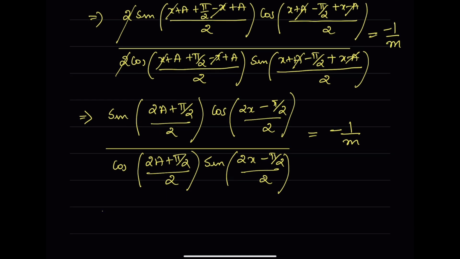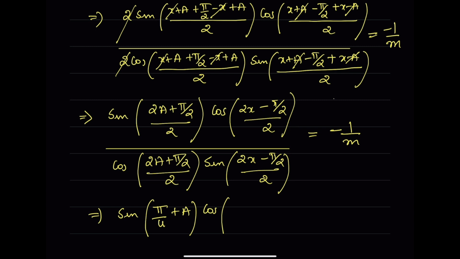Okay, now let's simplify it further. We would get sine of, when we solve for the common denominator here, pi by 4 plus a times cos of, okay, so this is unique here. Instead of writing it as 2x minus pi by 2, we can consider minus 1 as a common factor.